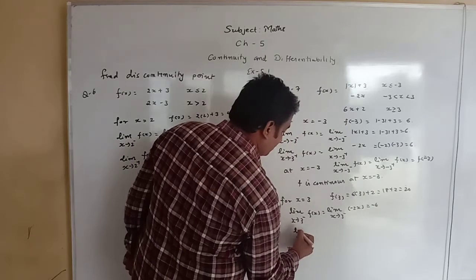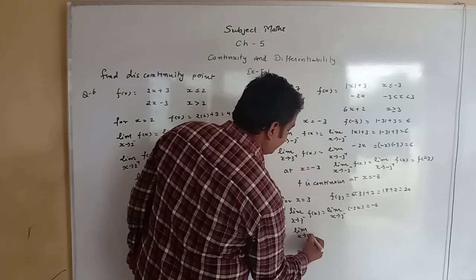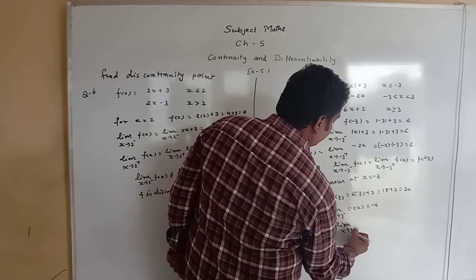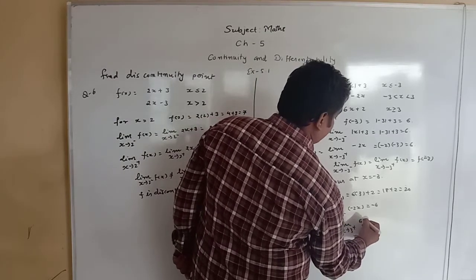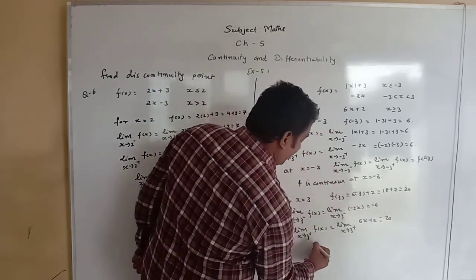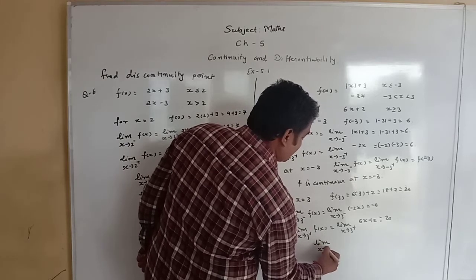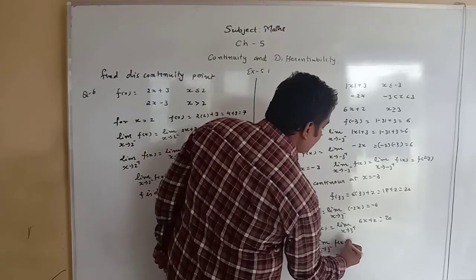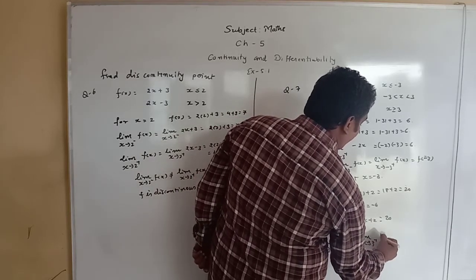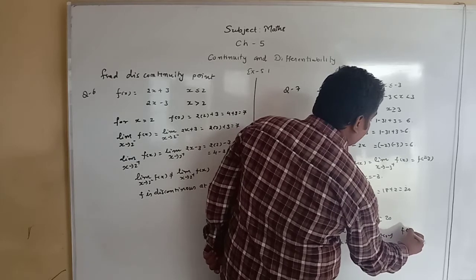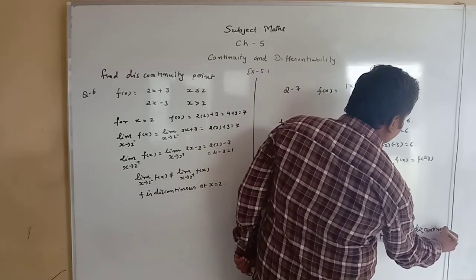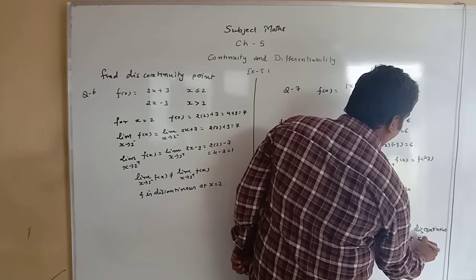And limit x tends to 3 plus we calculate. So limit x tends to 3 plus, it is 6x plus 2. So 6 threes are 18 plus 2, 20. So left limit and right limit are not equal. Limit x tends to 3 minus f(x) is not equal to limit x tends to 3 plus f(x), and so f is discontinuous at x equals 3.